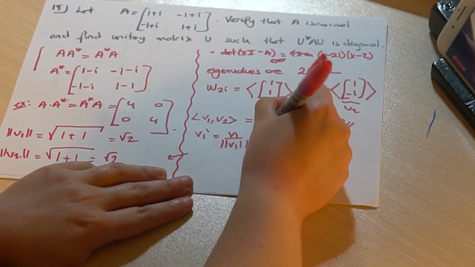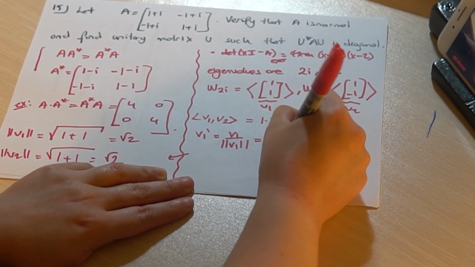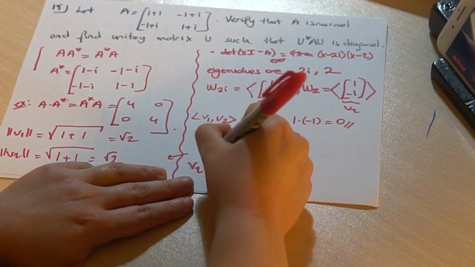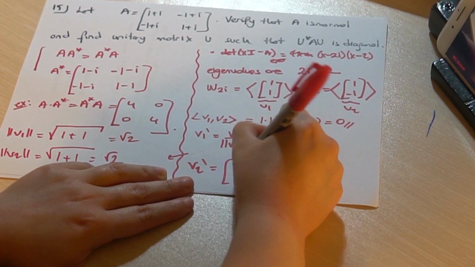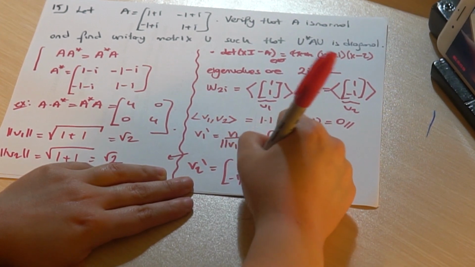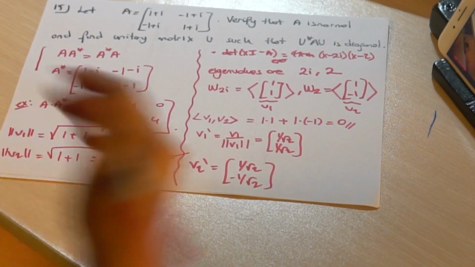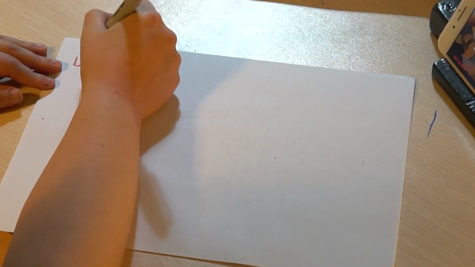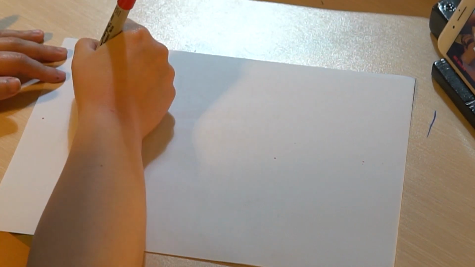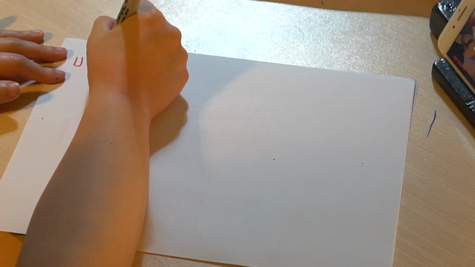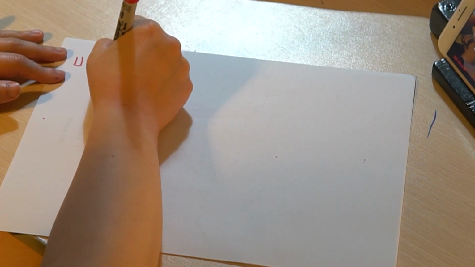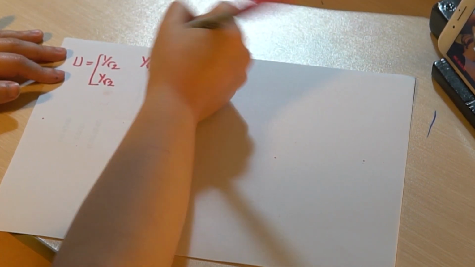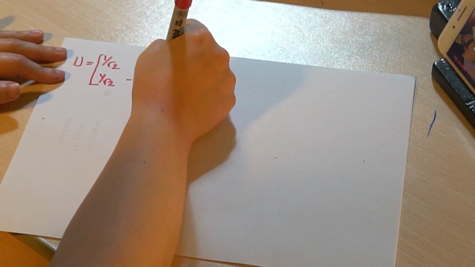So V1 prime will be equal to (1 over square root of 2, 1 over square root of 2), and V2 prime will be equal to (1 over square root of 2, minus 1 over square root of 2). So these corresponding V1 prime and V2 prime are orthonormal. So U will be equal to the matrix with columns (1 over square root of 2, 1 over square root of 2) and (1 over square root of 2, minus 1 over square root of 2).